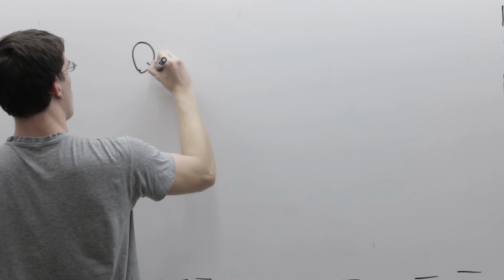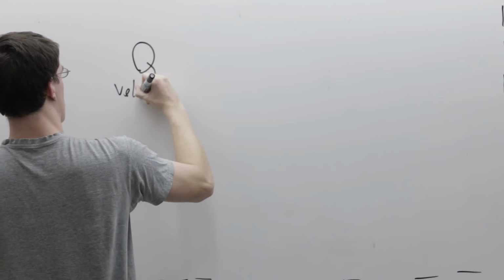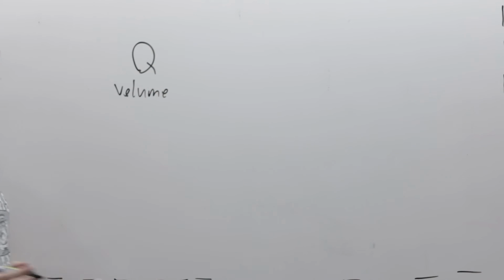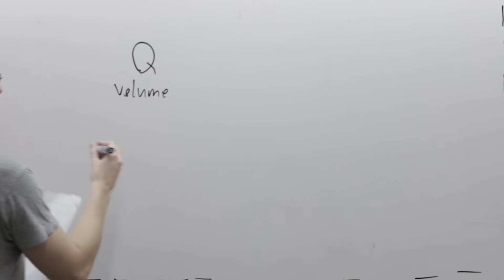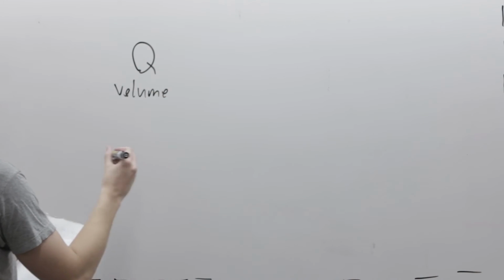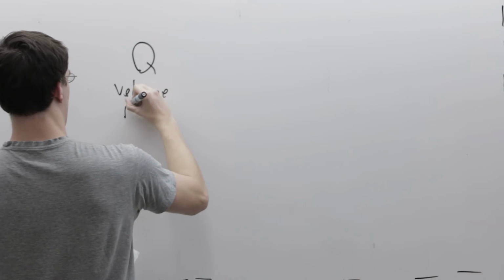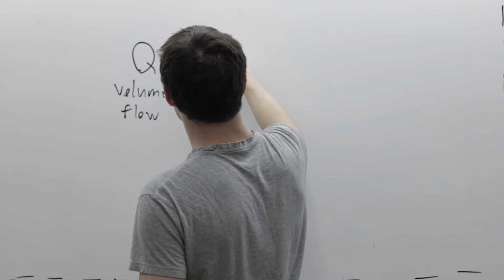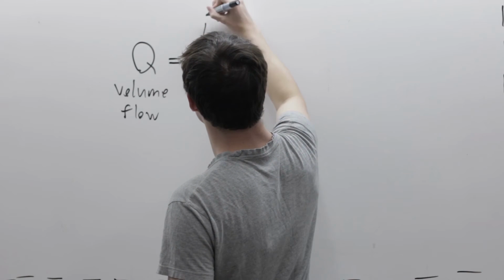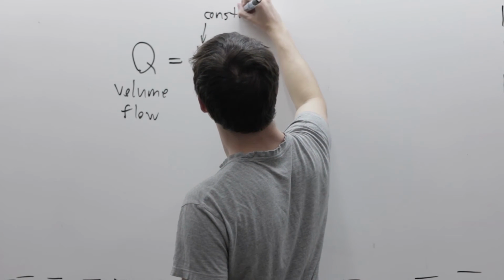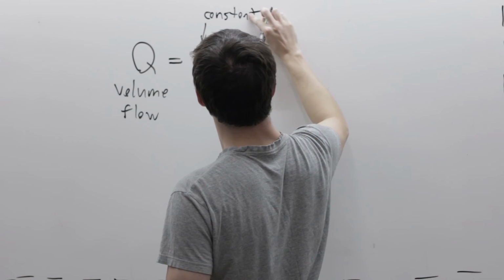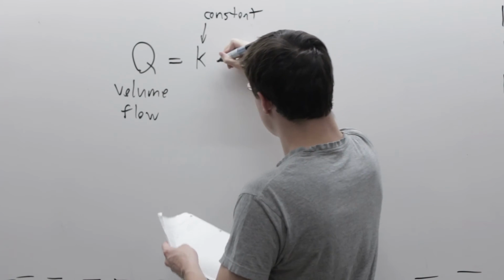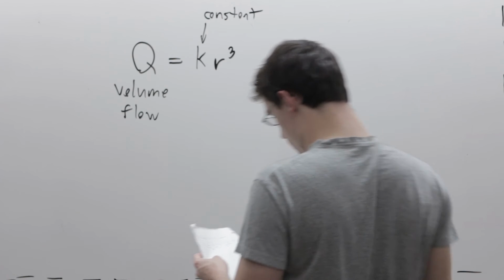It can be expressed as Q, the volume flow we discussed earlier, of blood through an artery or a vein or a capillary or any sort of blood vessel in the circulatory system, is equal to K times r cubed.